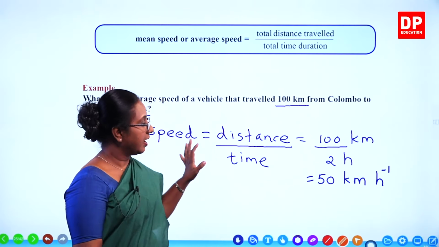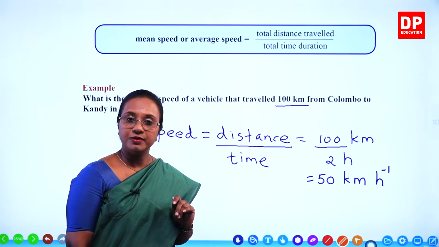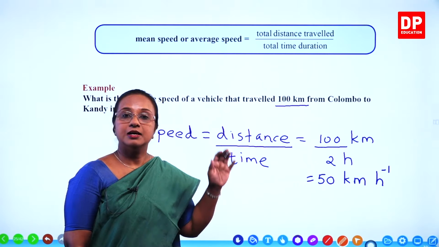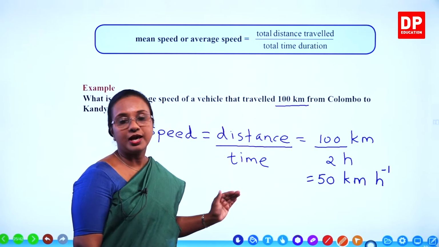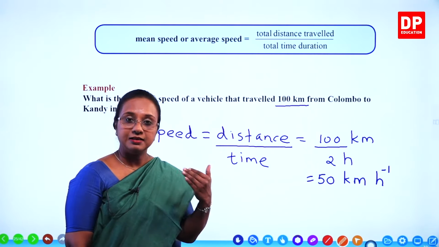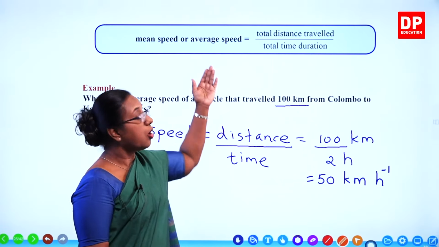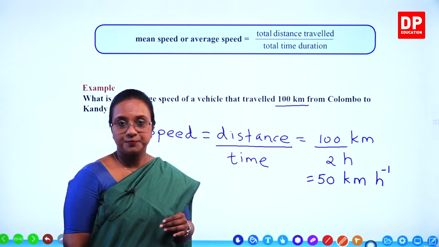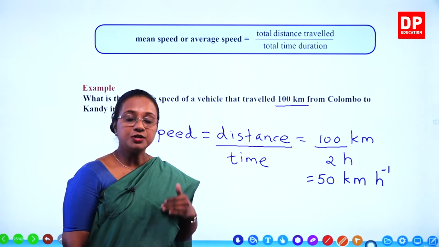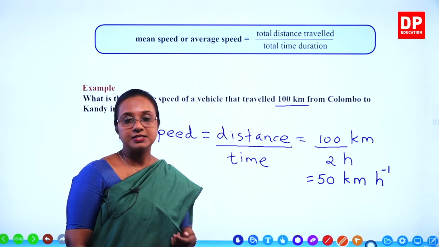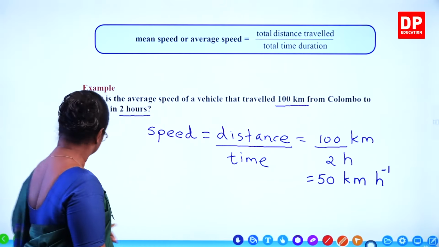So now I am sure that you have a very good understanding about speed and how to calculate speeds at different time intervals, as well as the mean or average speed. We will go on to the next topic, that is velocity.